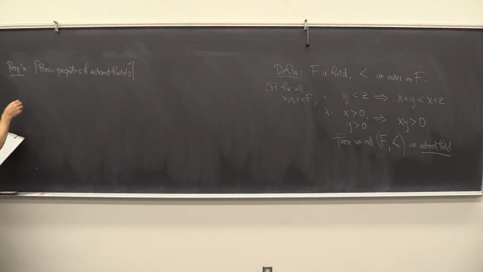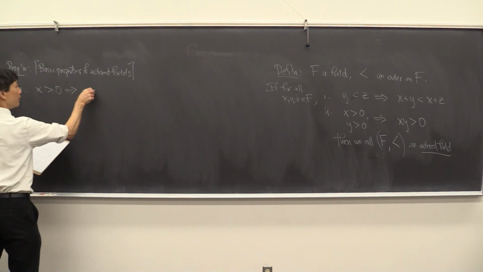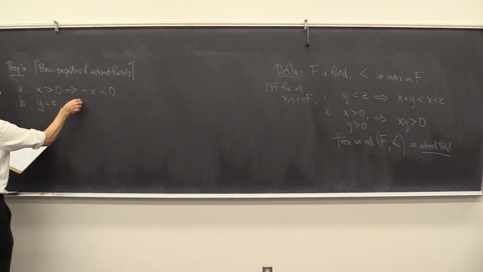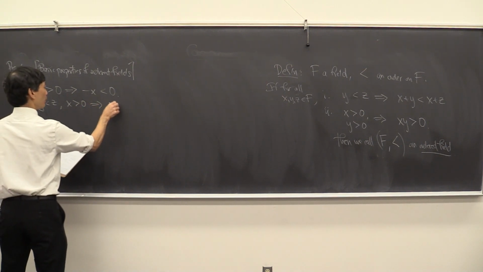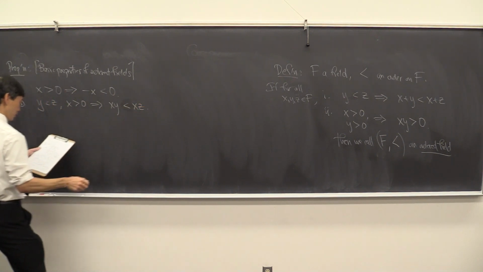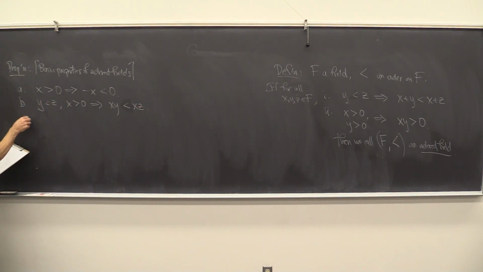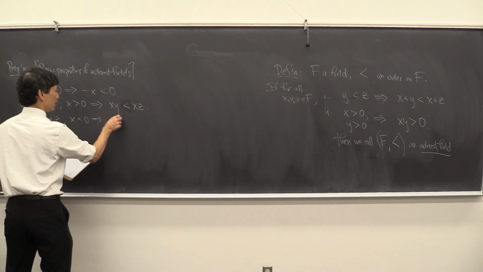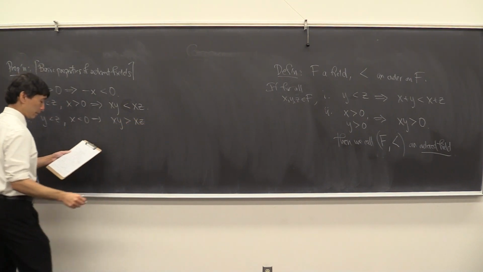First off, if x is bigger than 0, then negative x is going to be less than 0. Second, if y is less than z and x is greater than 0, then xy is going to be less than xz. Third, which is a variant of that, if y is less than z and x is less than 0, then you're going to have the opposite inequality.